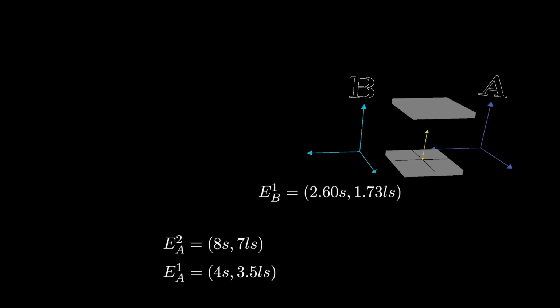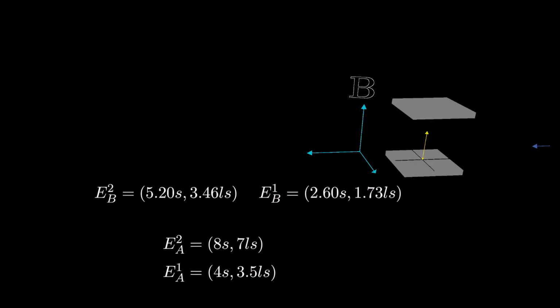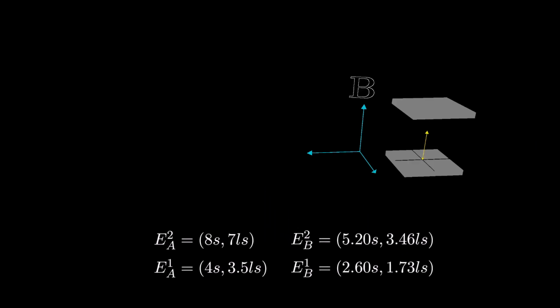Both the position of the events and the time where those events take place are different. So the notion of distance between two events seems to lose all its meaning. Observer A would argue that the two events are 3.5 light seconds away from each other, while observer B claims that they are about 1.7 light seconds away from each other. And they also measure two different time intervals between the two events.